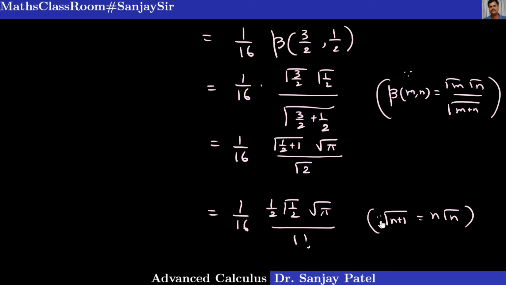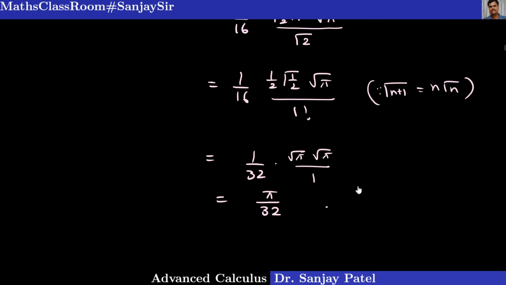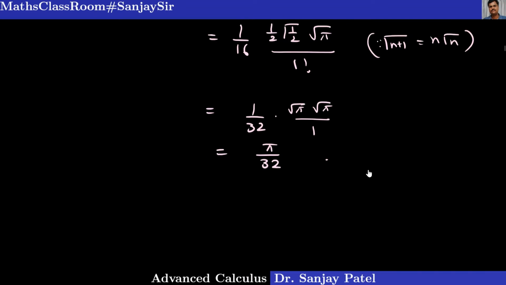And again, gamma 1 by 2 is root pi. So this gives me 1 upon 32 into root pi upon 1, and this 1 by 2 goes down. So the final answer is pi by 32, which is the required value. Let us go to the next problem.